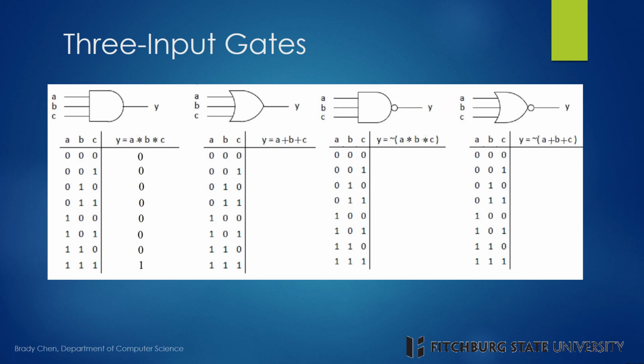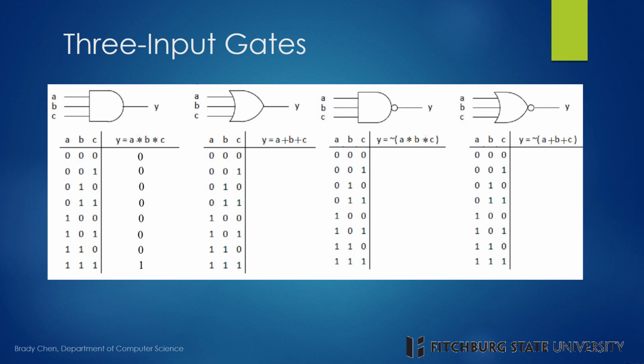To make the logical design a little bit easier, we're also going to introduce 4 more gates. Now, these gates are 3 input gates. So the first one is the AND gate, but it contains 3 inputs. And the second one is the OR gate, also containing 3 inputs.